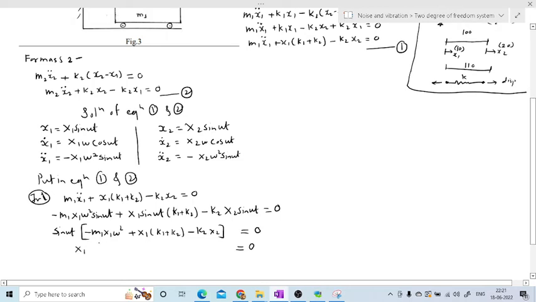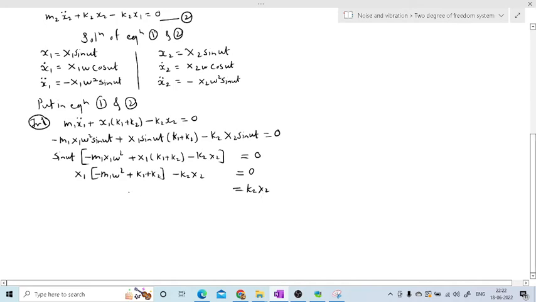So when I take this x1 common, in the bracket it will remain minus m1 omega square plus k1 plus k2, and minus k2 x2. See, this sign we have transferred to that side, so that sign is cancelled. Now transfer this minus term to the right side, so it will become k2 x2. On the left side it is x1 (minus m1 omega square plus k1 plus k2).